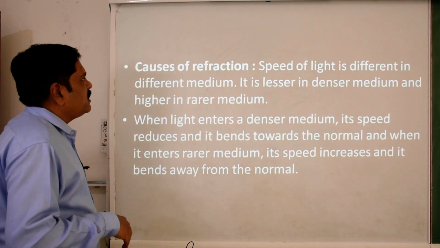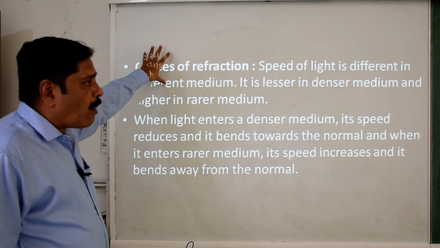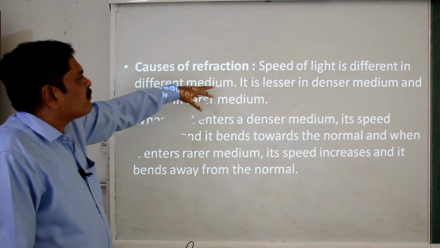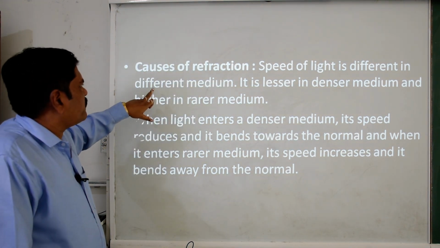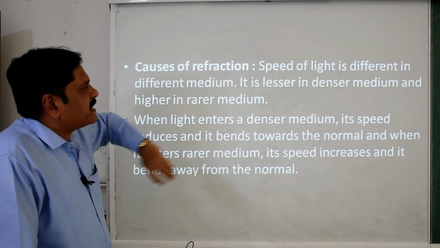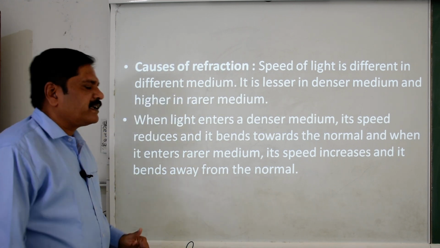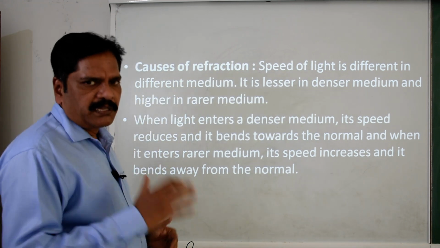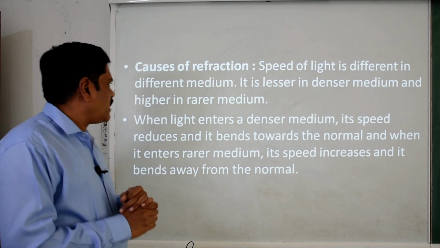Okay, now here we are going to discuss the cause of the refraction. Clear? So the speed of light is different in different media. It is lesser in a denser medium and higher in a rarer medium. Remember this one fact about the speed of light.